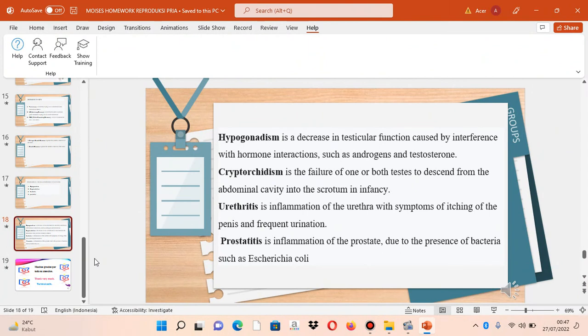And the next, urethritis. Urethritis is an inflammation of the urethra with symptoms of itching of the penis and frequent urination. And the last is prostatitis. Prostatitis is an inflammation of the prostate due to the presence of bacteria such as Escherichia coli.